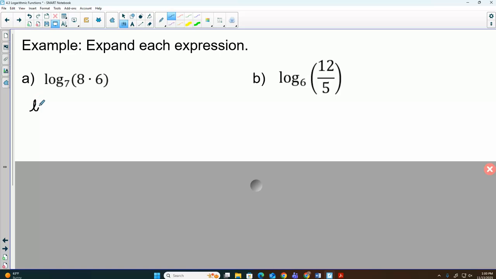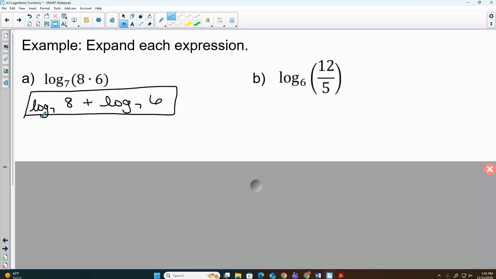They each get their own log. You have to write the base, so it's log base 7 of 8 plus log base 7 of 6. I didn't ask you to evaluate or get an answer here. It's just showing that we know what those properties mean. Make sure you're writing the base on your log. If there isn't a base written, it's actually assumed to be 10, so that's different than a log base 7. So base is required.